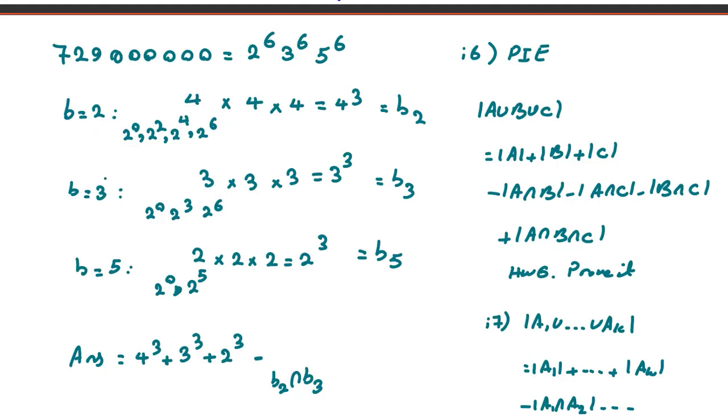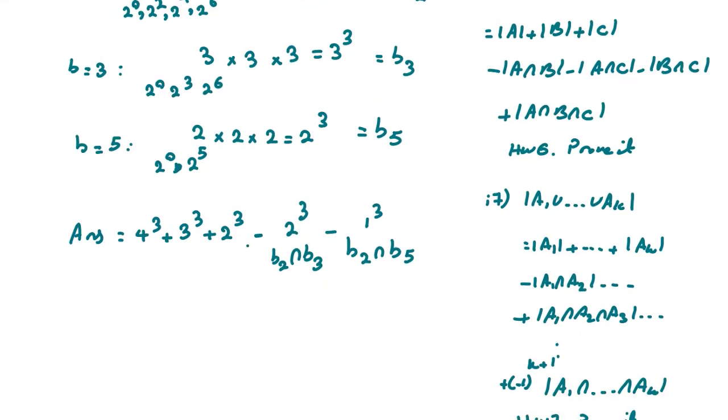So the powers are multiples of 2 and multiples of 3, so multiples of 6. So 2 to the 0, 2 to the 6 are in common, 2 cubed, minus B2 intersect B5. Multiple of 2, multiple of 5, so it will be 1 cubed because only 1, 2 to the 0 is in common for both of them.